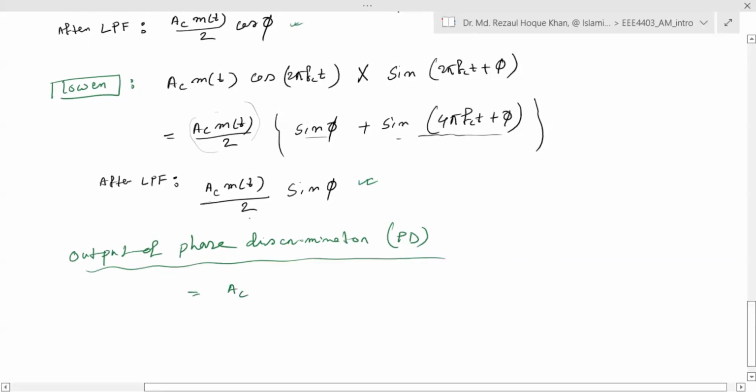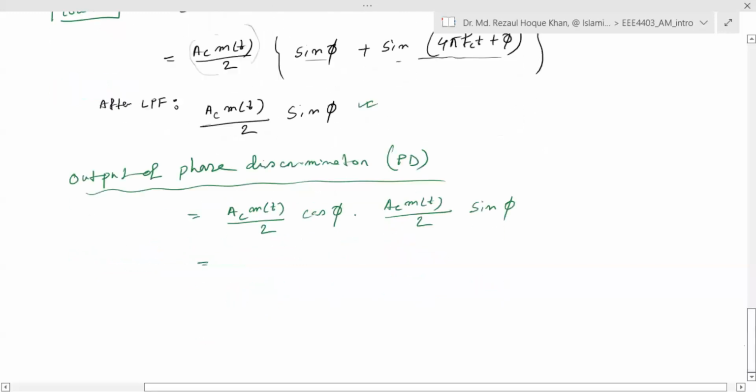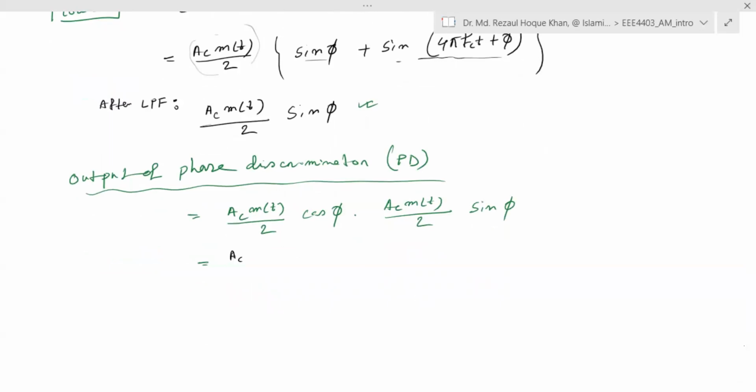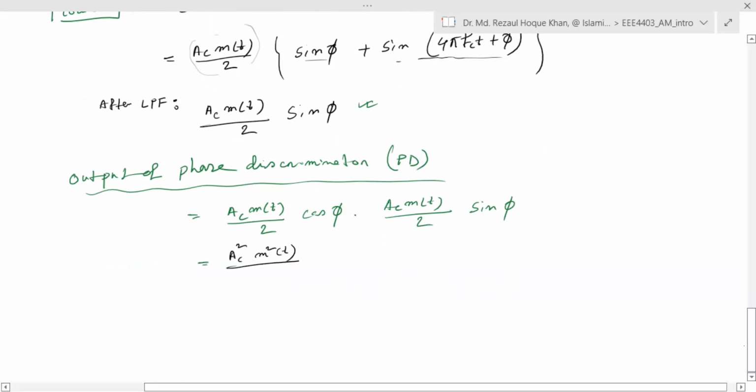So it is A_c m(t) divided by 2 cos phi multiplied by A_c m(t) by 2 sin phi. This part will be squared, so A_c squared m squared(t) by 4 sin phi cos phi.